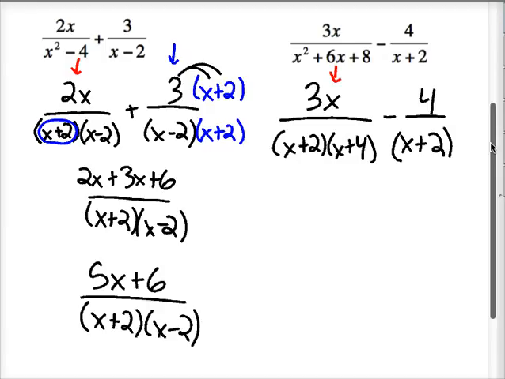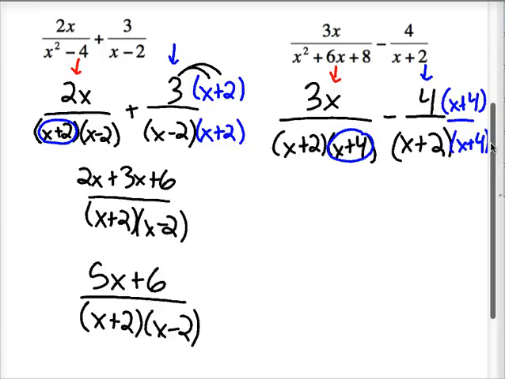There's nothing that that 4 over x plus 2 has that the first fraction needs. However, looking at the second fraction, it is missing that x plus 4 piece. So I'm going to multiply top and bottom by x plus 4 to give it that common denominator.